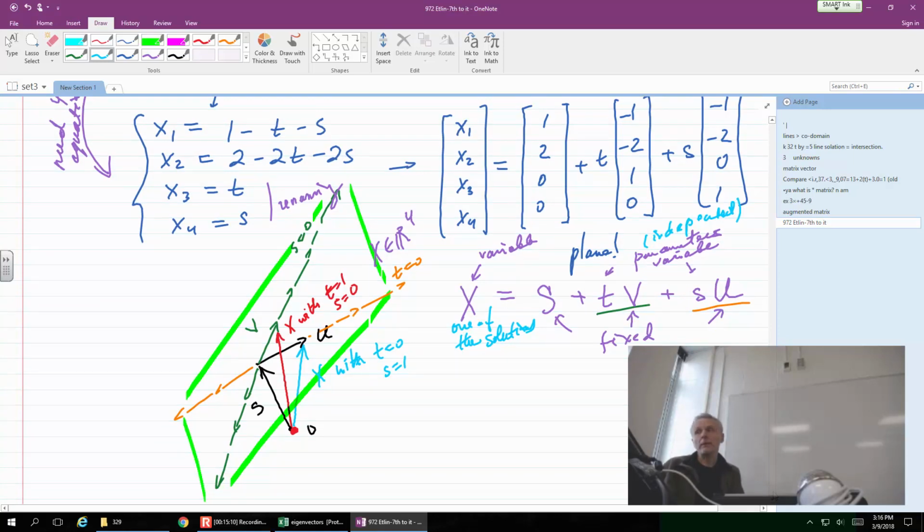So you have a plane, and that plane is once again the solution set. You have a plane resting on the tip of vector s, and the direction of that plane is determined by those two vectors v and u that we found. So that is the geometry behind the solution.